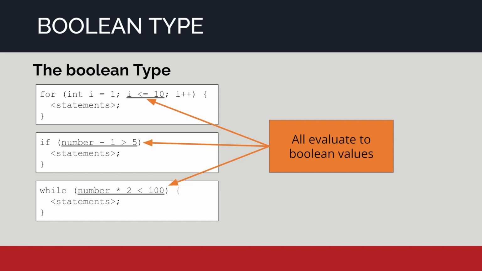So the middle, the test statement in a for loop, the entire expression inside the parentheses for an if statement, and then the entire expression inside the parentheses for a while loop. Those all evaluate to a Boolean before they're tested.